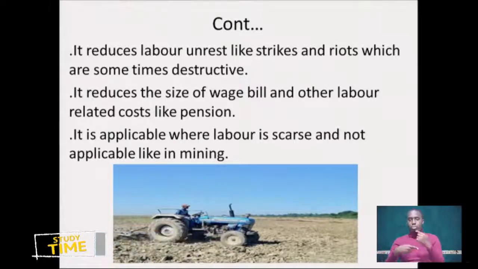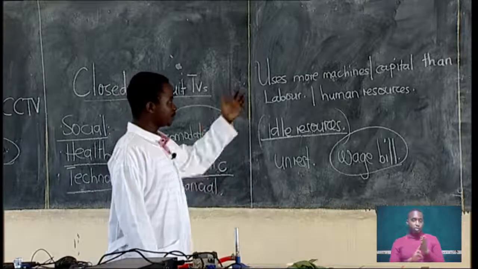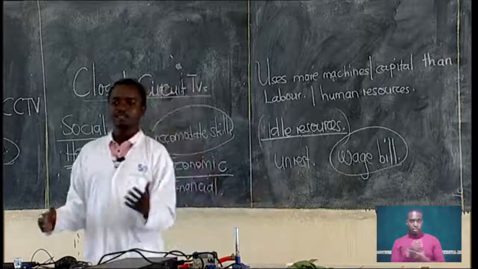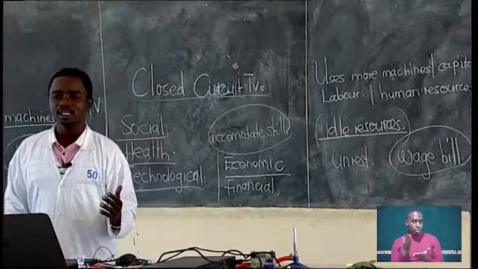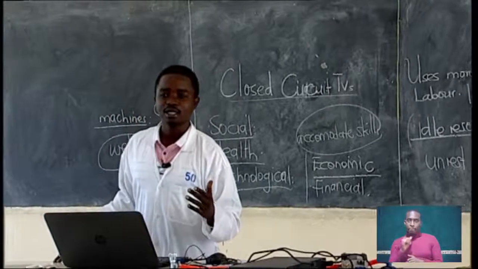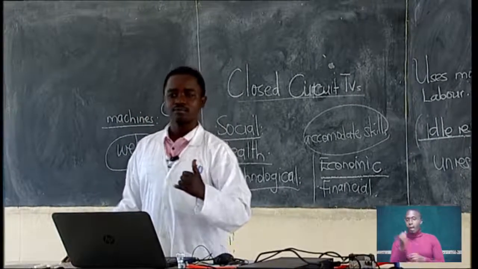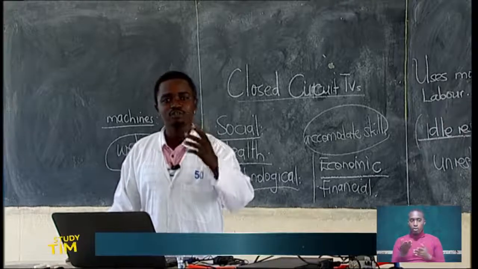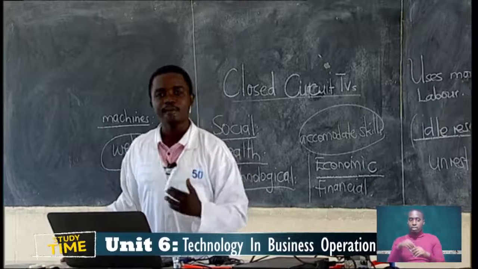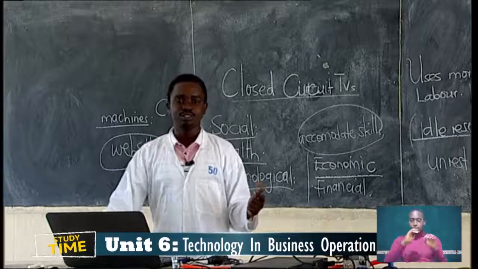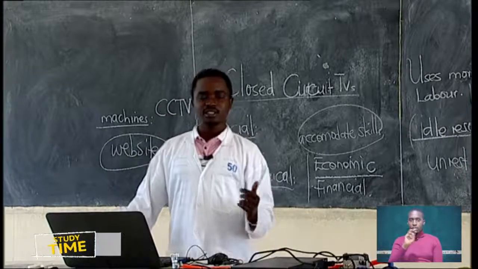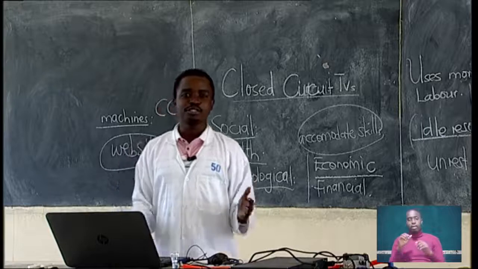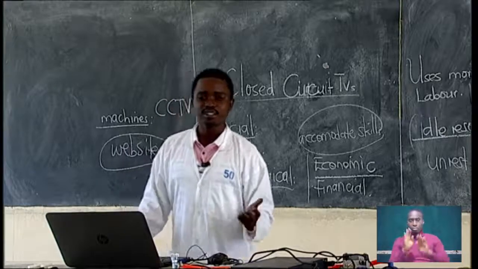It is applicable where labor is scarce and also applicable in tasks like mining. There are some heavy, risky tasks where labor may not participate, but machines perform them well.